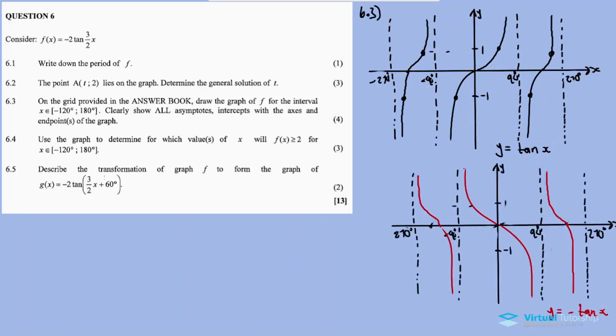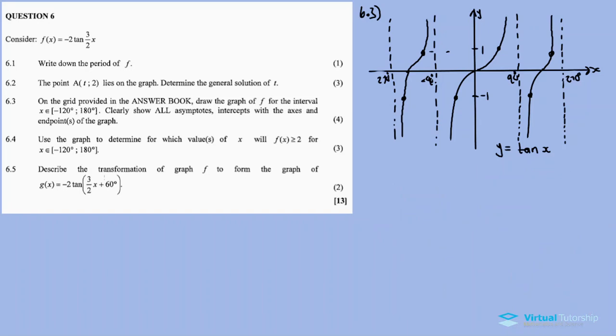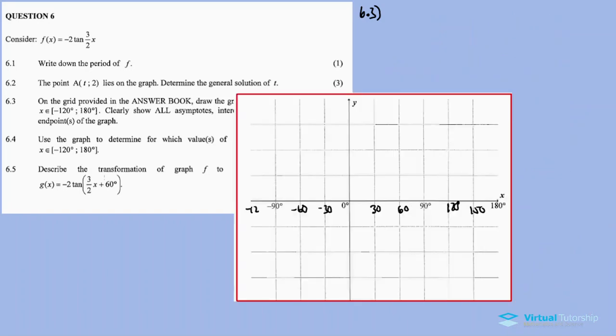Going back to 6.3 now. Before we start sketching this, we will start by identifying our asymptotes first, right?